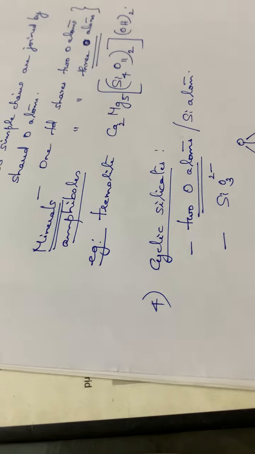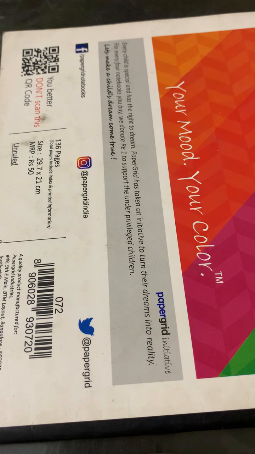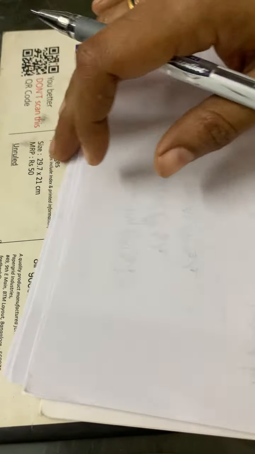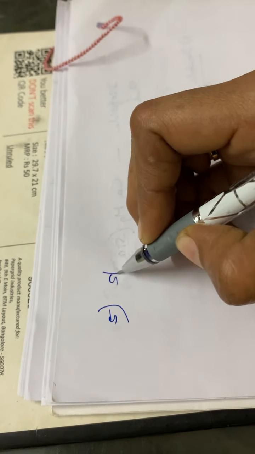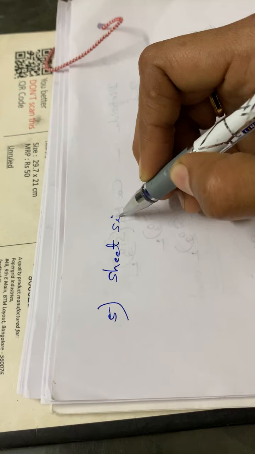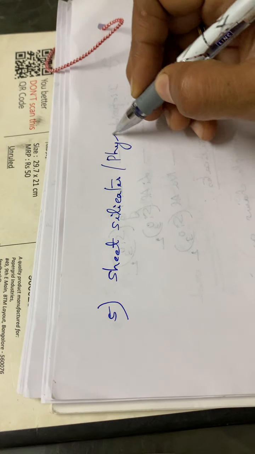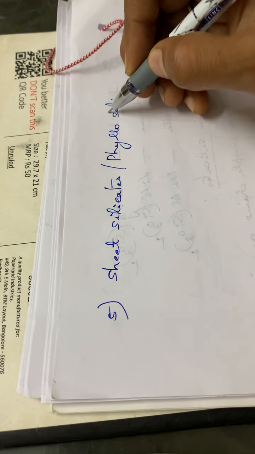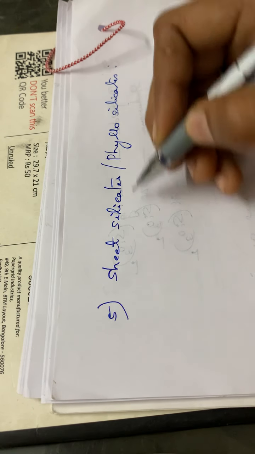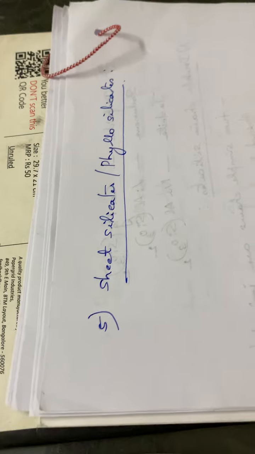Then the next one, we can go through the fifth category, the sheet silicates or phyllosilicates.